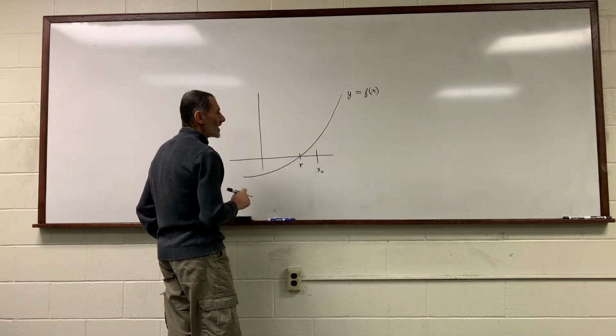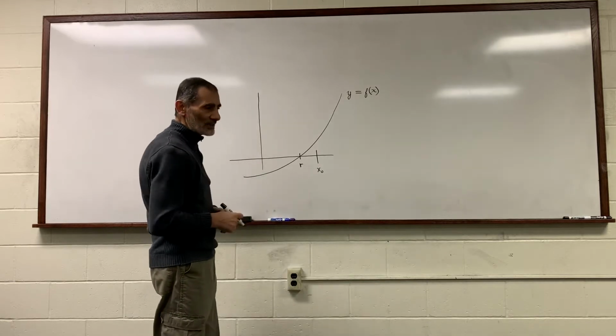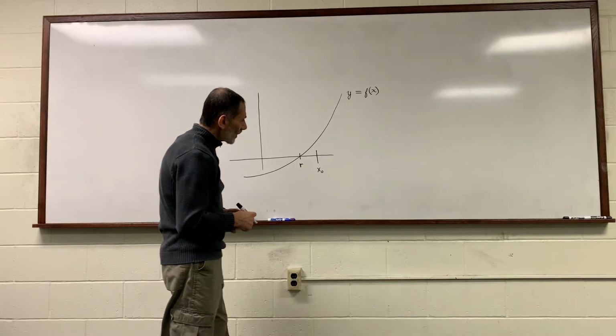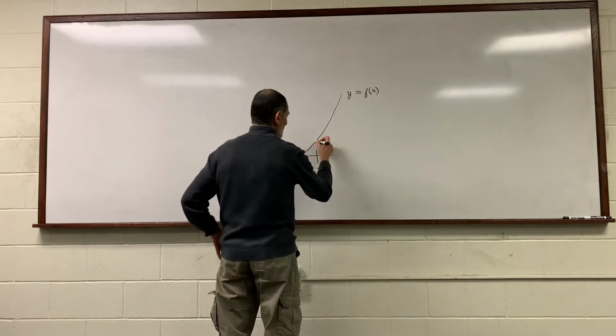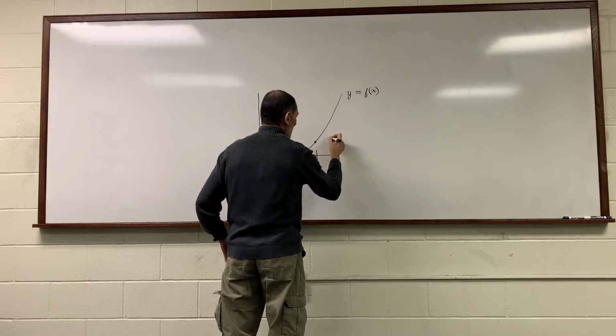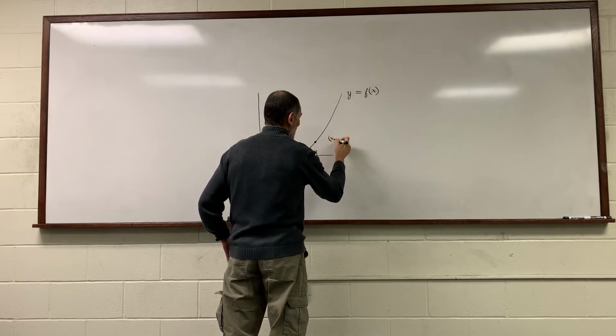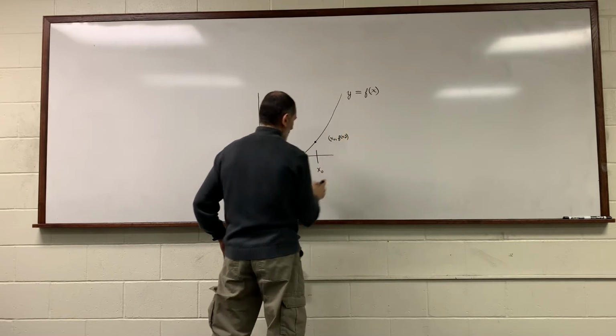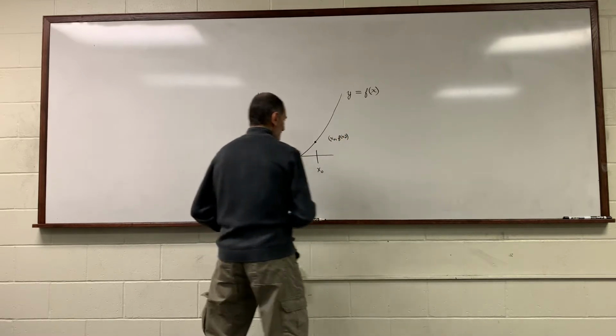We might do it by the intermediate value theorem, or by simply drawing a graph. Then from that point, at the point x sub 0, f of x sub 0, draw a tangent line.